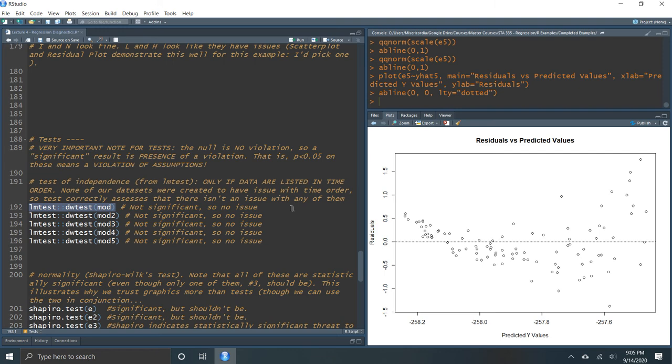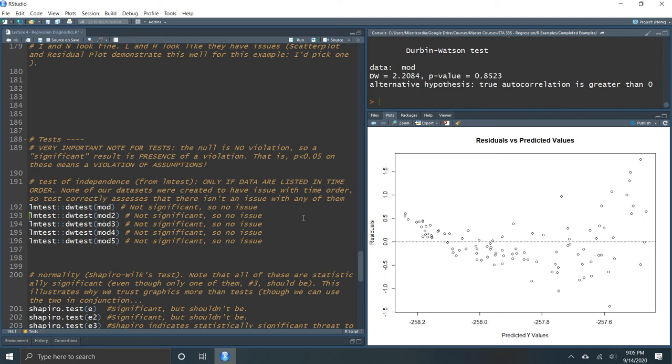Recall that none of these models should have any issue with tests of independence because they were all randomly generated. So all of these tests should be not significant because there should be no issues with independence in randomly generated data. Running through this, we get the Durbin-Watson test.